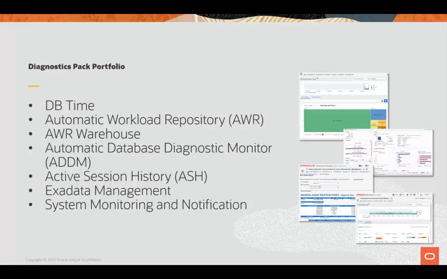The Database Diagnostics pack has a portfolio of tools inside, which we're going to be covering here. The first one is, of course, the concept of using DB time. DB time is nothing more than the total workload that the database is performing during a period of time, right? We also have the Automatic Workload Repository. We call it AWR.